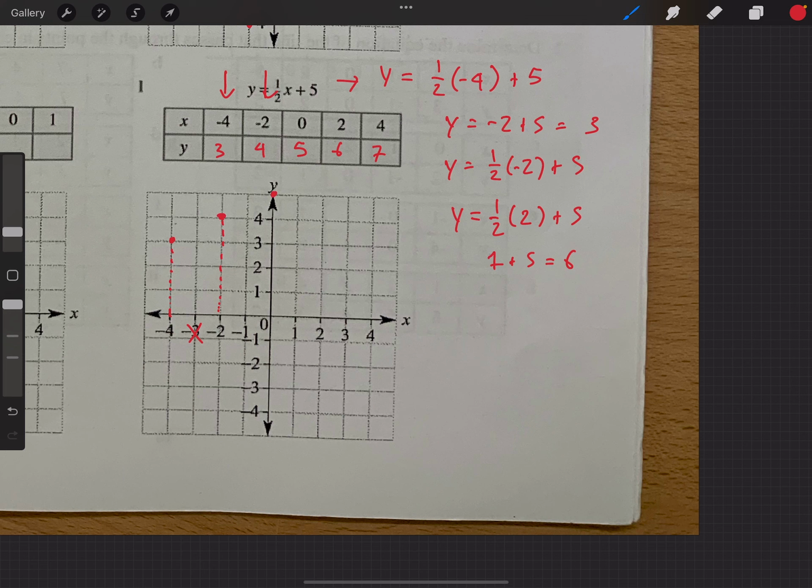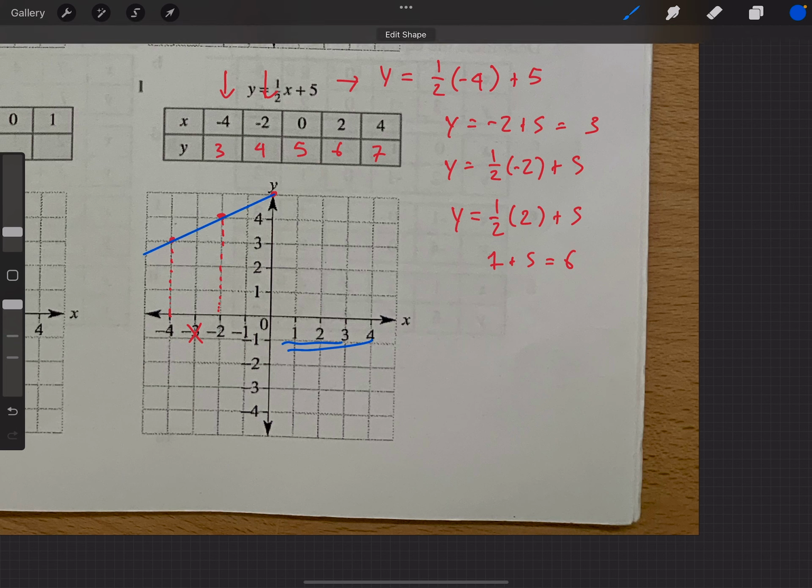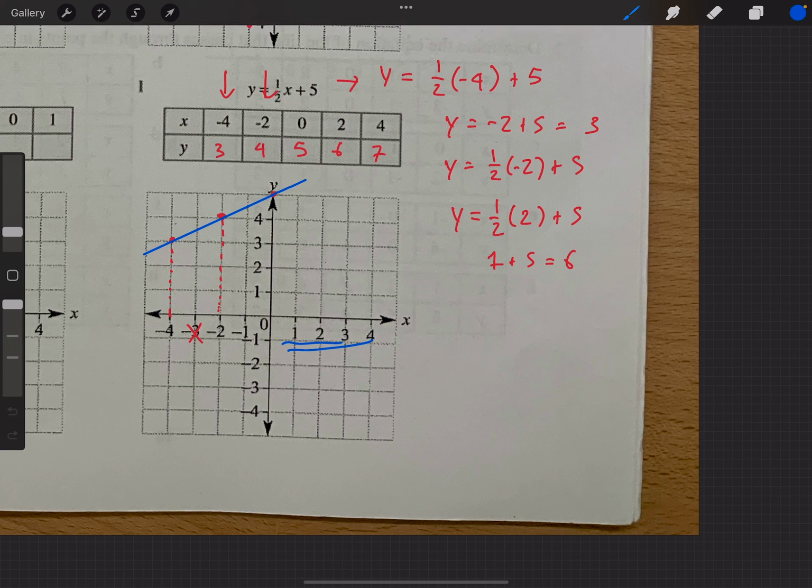And then it looks like if I draw the graph, we can't plot these points because it's off the graph. I mean, we can if we extend the graph, but let's just draw the graph here for this one. There you go. That's your graph there. Well, that's the line for y equals a half of x plus 5. There you go.